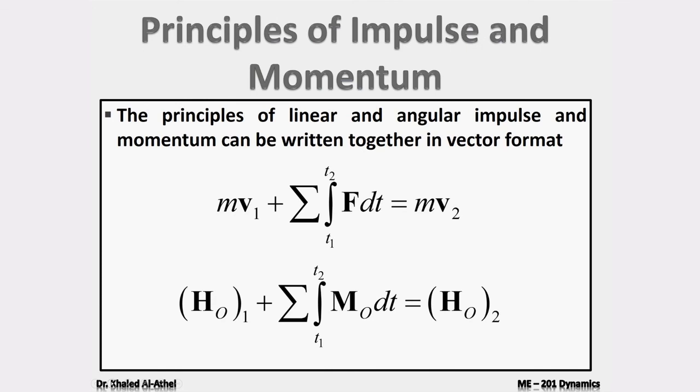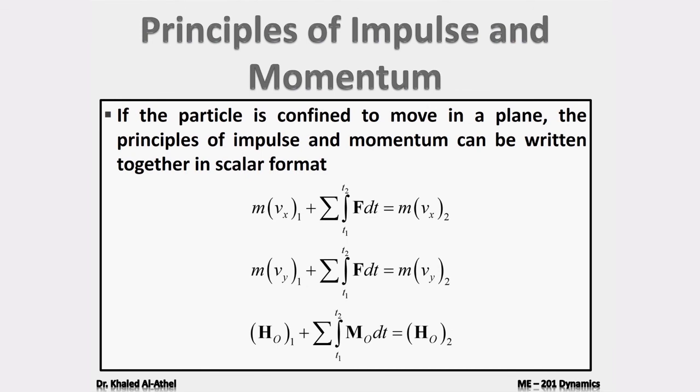Now one important point is that I can use this in some problems with the principle of linear impulse and momentum. Now to have the two theories side by side to compare them, this is in vector format. So I have the two are the same. Here you have the linear momentums and the impulses, and here you have angular momentum and angular impulses.